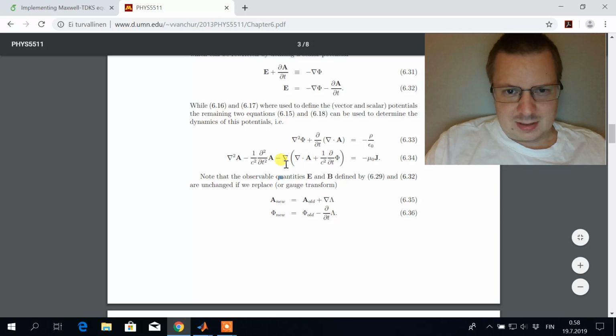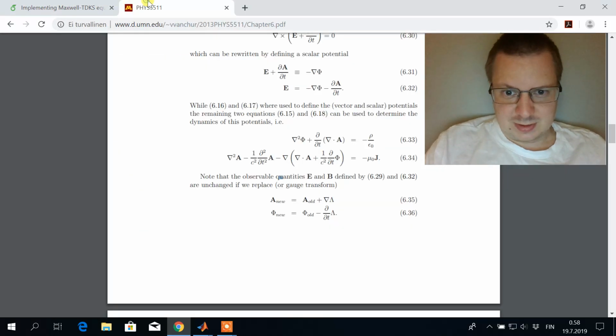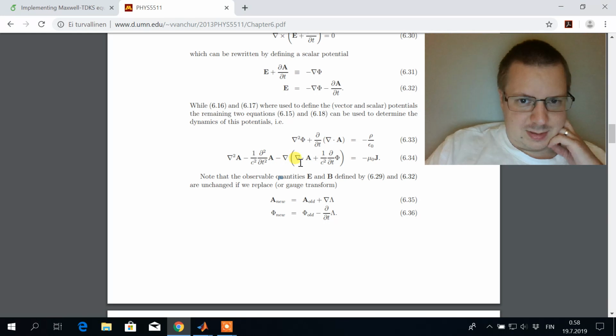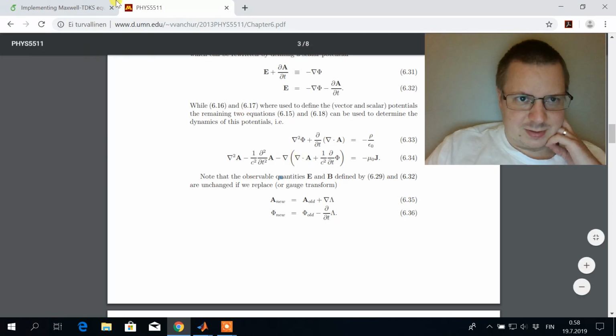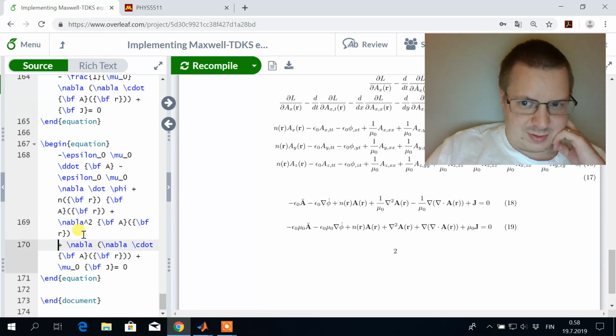And then we have nabla of phi dot, epsilon 0 mu0, and minus sign. That's also correct, it comes from here. Then we have nabla dot A with minus sign. So this I forgot to change.